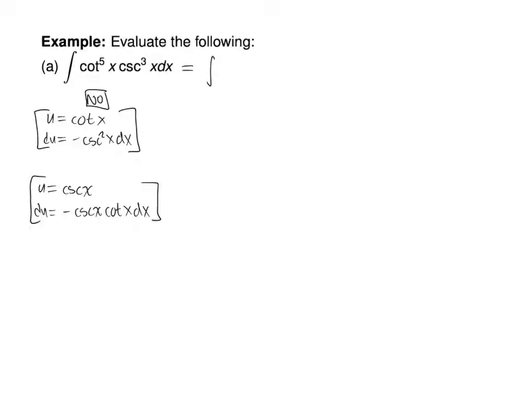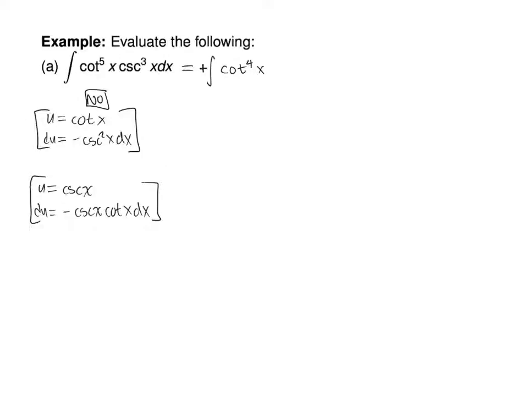So this becomes the integral of, okay, so first of all, I need a negative, right? Because of the whole negative du business. Oh, I didn't substitute yet, so no negative yet. Sorry, my bad. The negative goes in when we substitute. I was just a step ahead of myself.